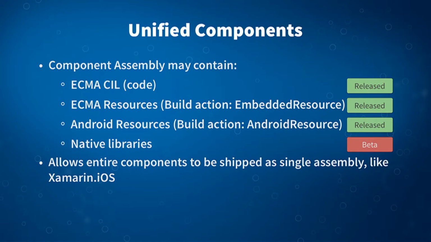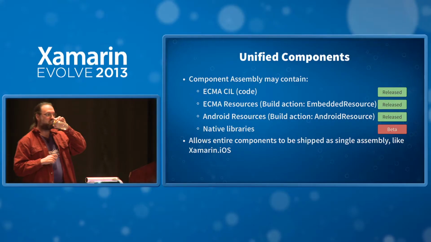It will be able to contain native libraries. And it will be a generally self-contained unit. So you can just send somebody a copy of the DLL, and they can just add it to their project as a reference, and things will work miraculously. Because that's how much I like glue. I like miraculous glue logic.